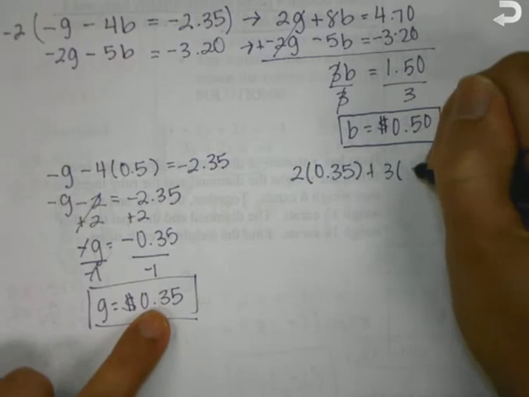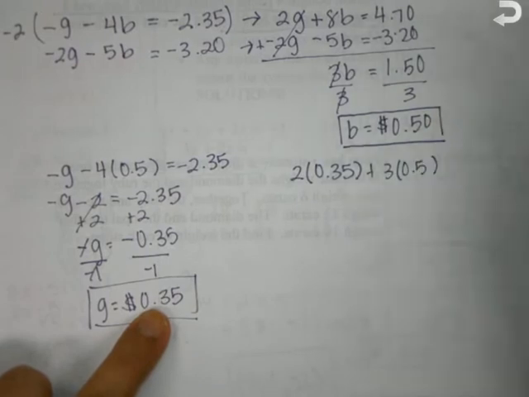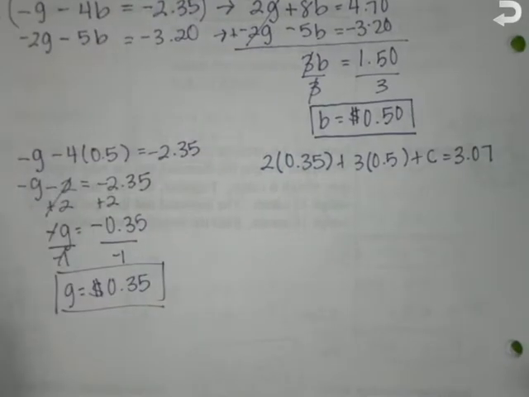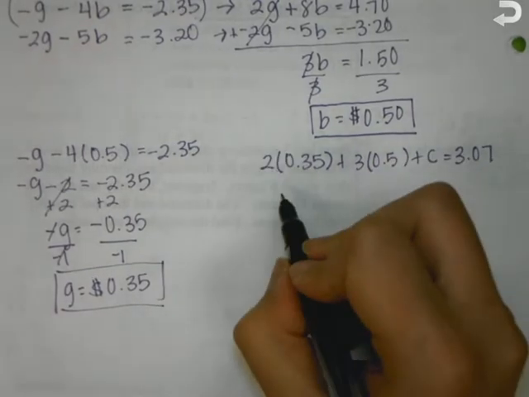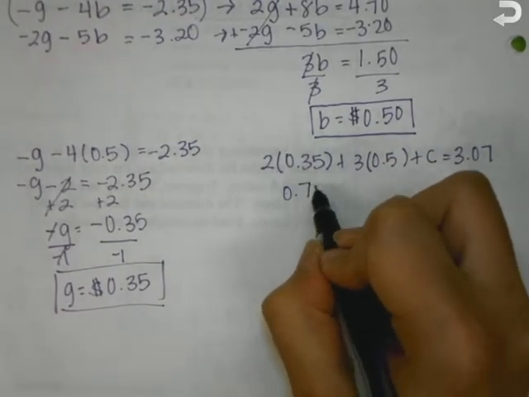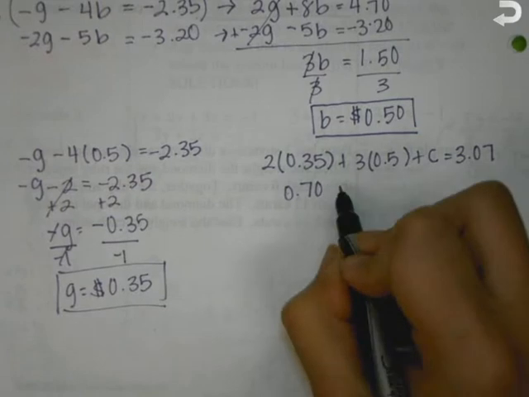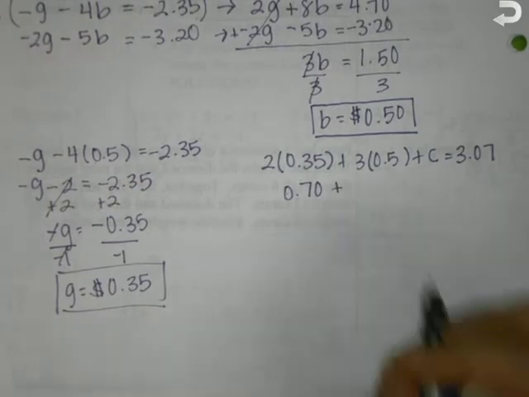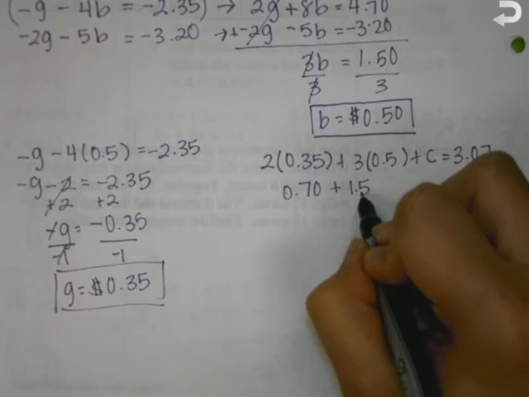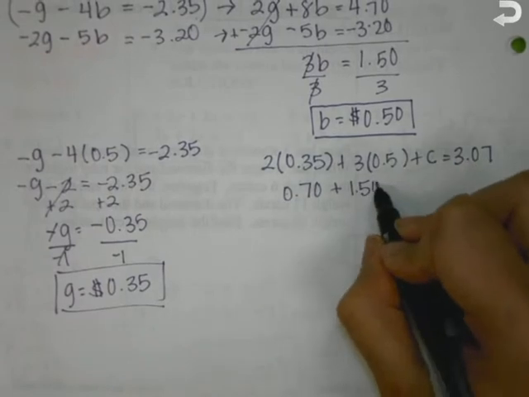Okay, 2 times 0.35, that's going to give me 0.70, right? Plus 3 times 0.5, that's 1.50. Plus C equals 3.07.